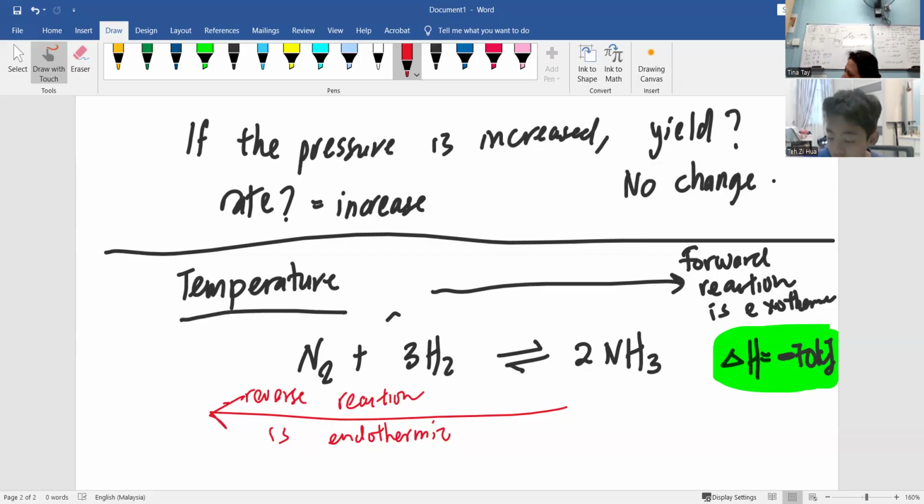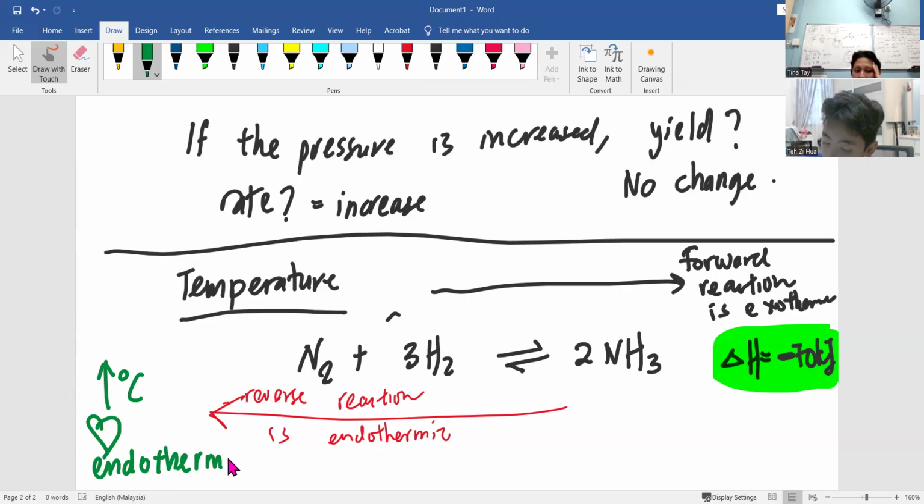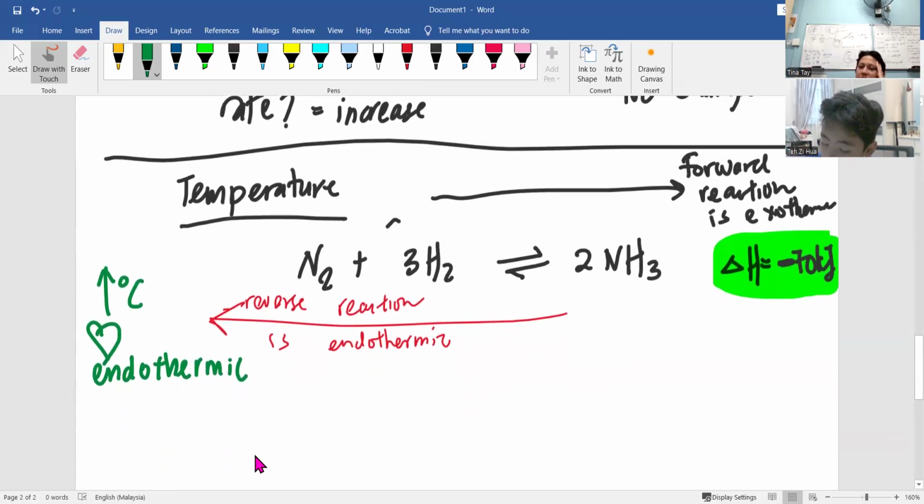So if I increase the temperature, now here's the thing, listen carefully. High temperature loves endothermic reaction.